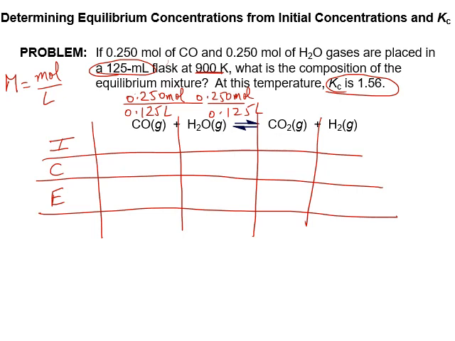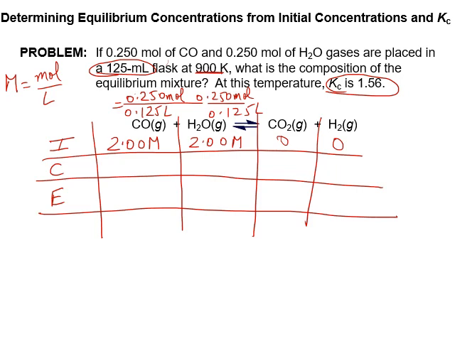Whatever you solve for goes in your initial concentration. So the initial concentration that I have for CO is 2 molar. If you solve for this concentration, it gives you 2 molar. Same for this. Do I have any CO2 to begin with? No, the question doesn't tell me I have any. Hydrogen, the question doesn't tell me I have any. Now we go by the chart.